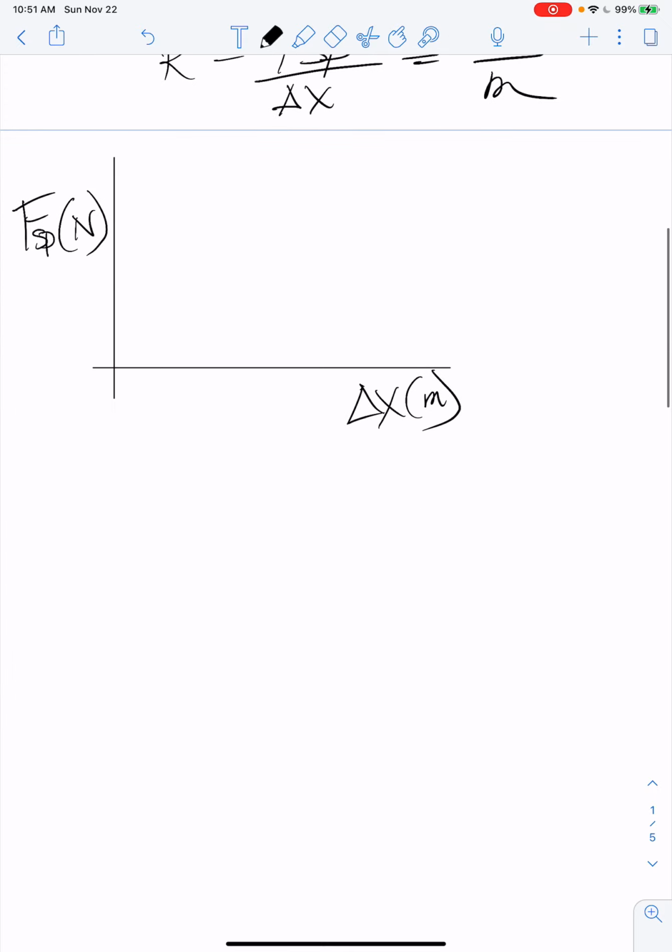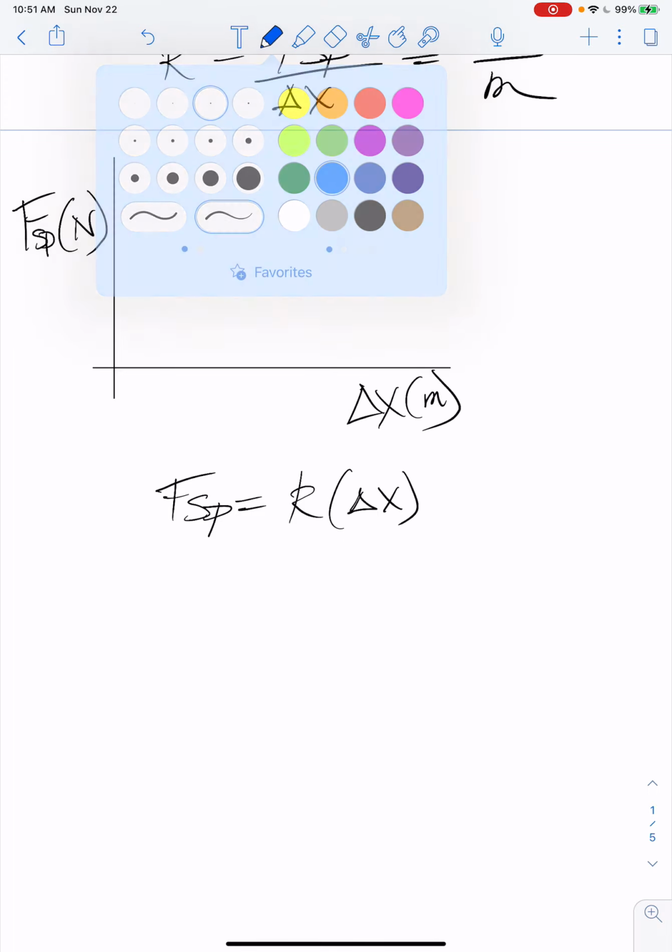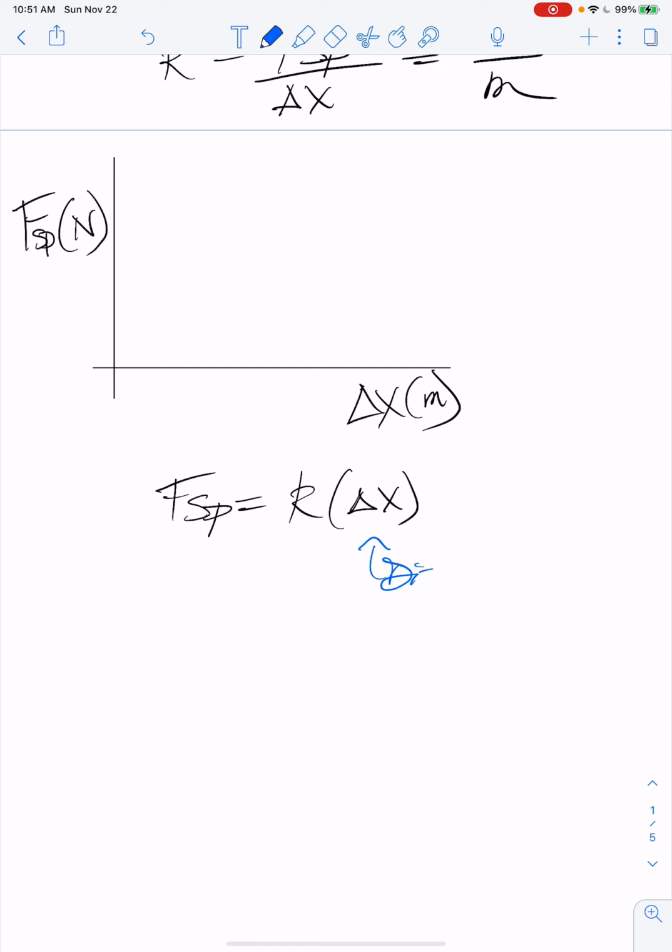So what I'm trying to say here is that this is the displacement from equilibrium.